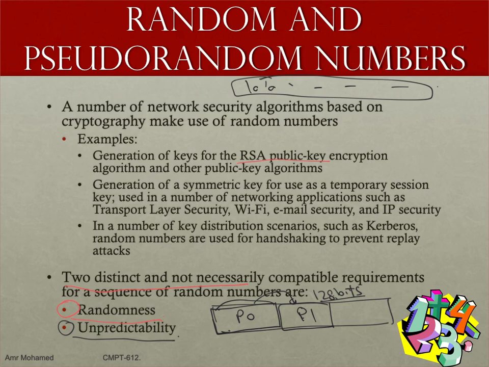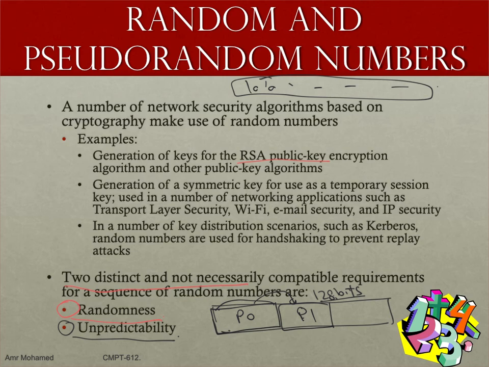Again, random number generators, as we will see later, in software we don't have purely random generators. We always have pseudo-random, and we'll talk about the difference between true random and pseudo-random.